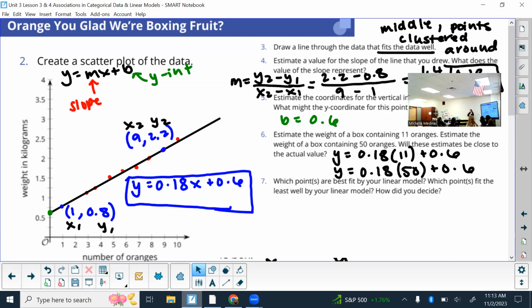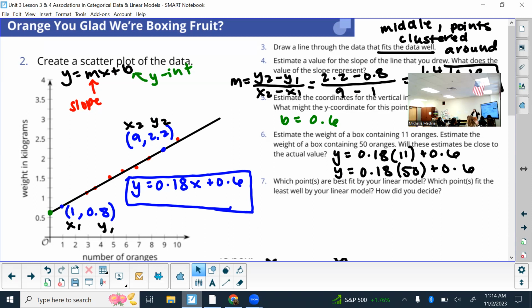Well, that is your slope. But what does it mean in the real world situation? Slope is our rate of change always. But what is changing? Okay, so the weight is changing. And by how much?